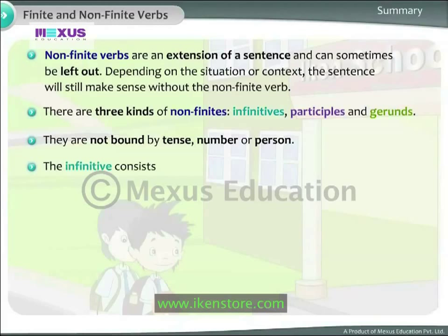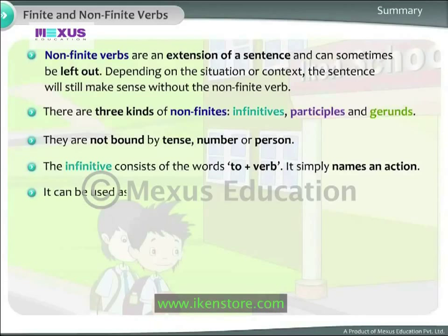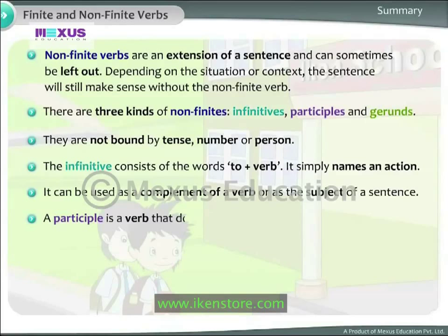The infinitive consists of the words to plus verb. It simply names an action. It can be used as a complement of a verb or as the subject of a sentence. A participle is a verb that does the work of both a verb and an adjective.